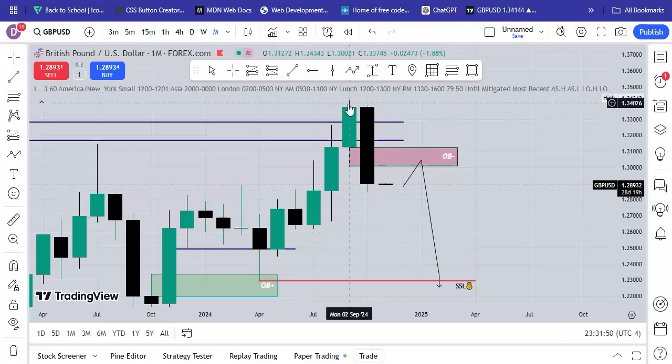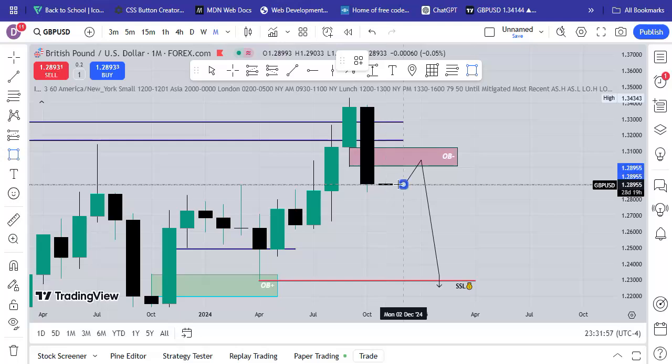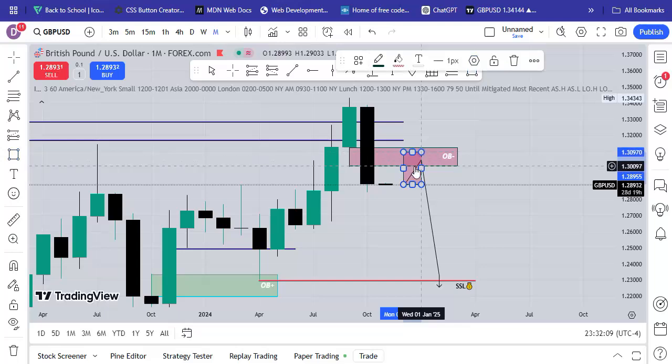So like I said, this is what I want to see. Price has already opened, but I want to see something that is known as Power of 3, that is taught by ICT.